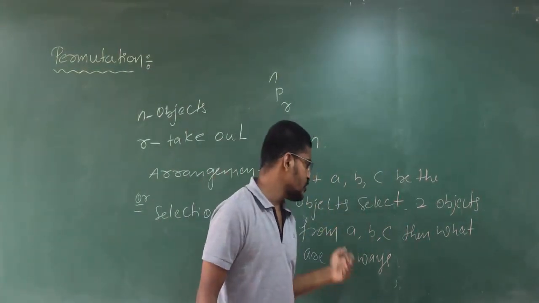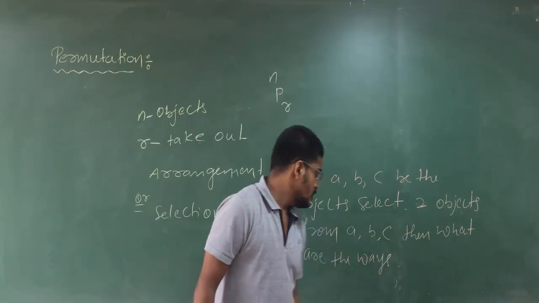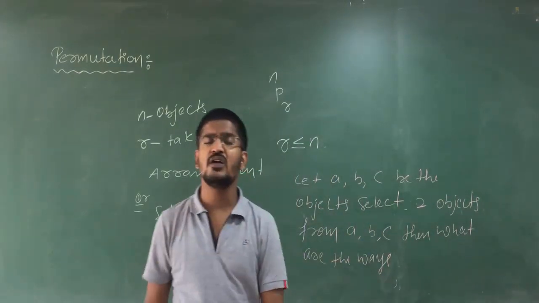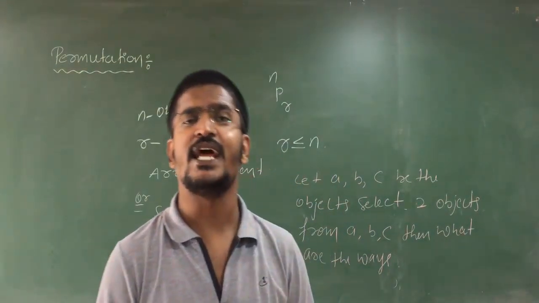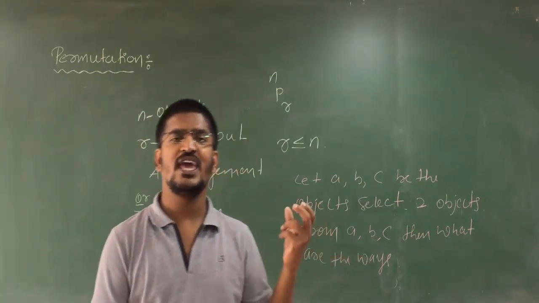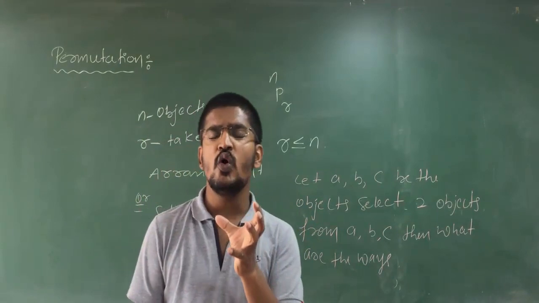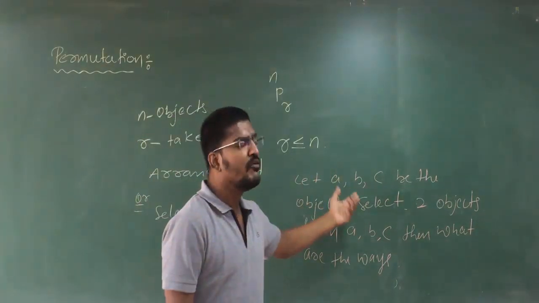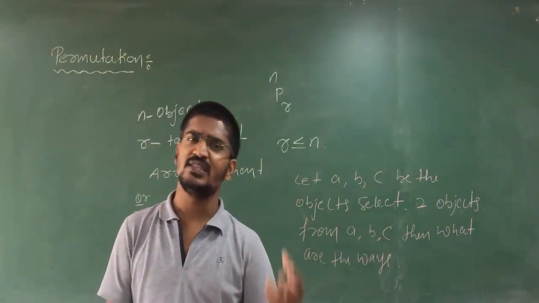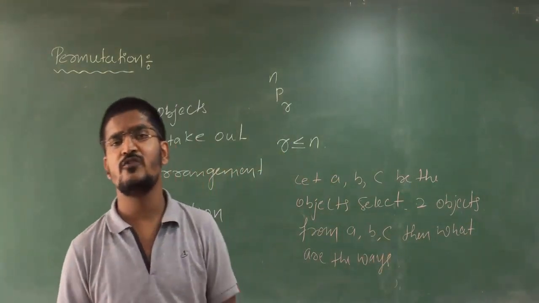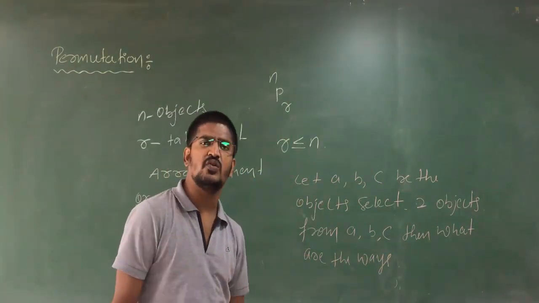Select 2 objects from A, B, C. Then what are the total number of ways of selecting 2 from A, B, C? That means what are the ways of selecting 2 objects from a total of 3 objects? Otherwise A, B, C be the 3 alphabets and select 2 alphabets from A, B, C. Like that also you can say.